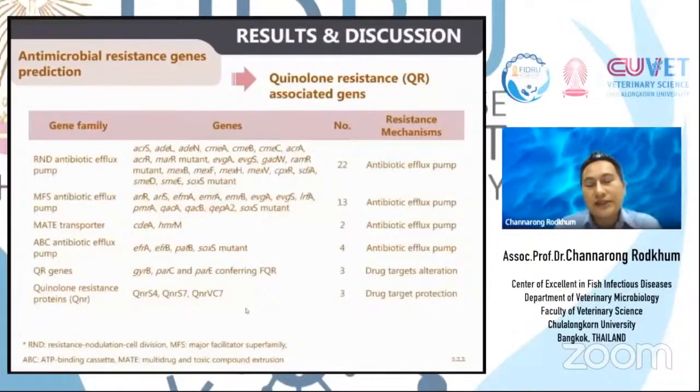Mostly the quinolone resistance associated genes that we found among our Flavobacterium columnare isolates are antibiotic efflux pump resistance mechanisms and drug target alteration resistance mechanisms.